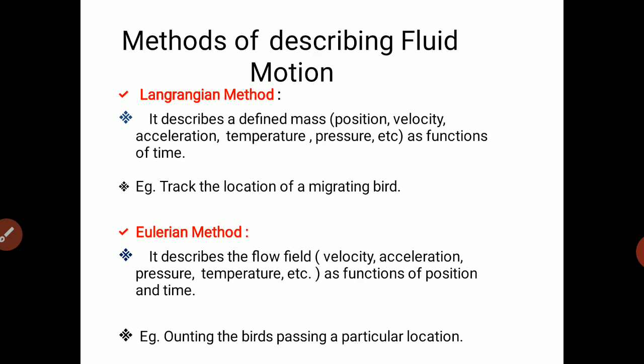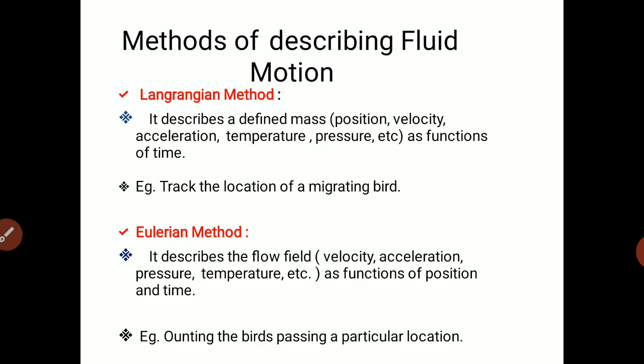So in Lagrangian method, the observer concentrates on the movement of a single particle. The observer has to move with the particle movement, and the path followed by the particle and changes in its velocity, acceleration, density are described. And in this method the observer moves with the motion of fluid. Okay, this is the Lagrangian method.